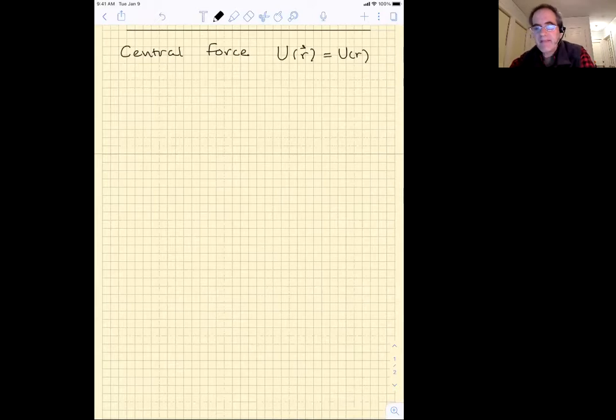And if you think about it, that means that the potential will be spherically symmetric, because it'll depend on distance to the origin, but not on any angles or direction. And you can also imagine that the hydrogen atom, for example, is such a problem because the potential that the electron feels in the vicinity of the proton depends only on the distance between the electron and the proton, but not on direction. Okay? So that's the system that we're going to investigate. So these problems have spherical symmetry.